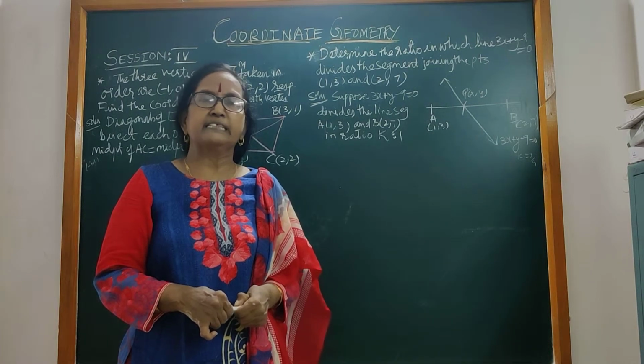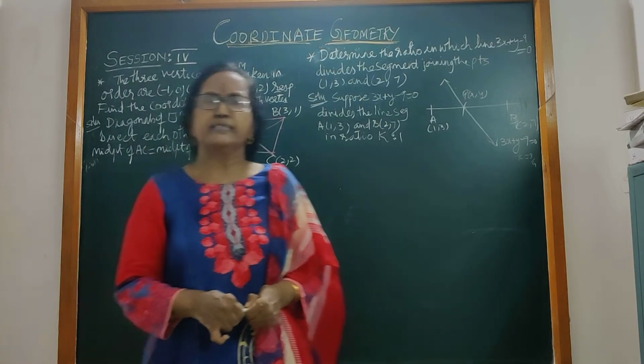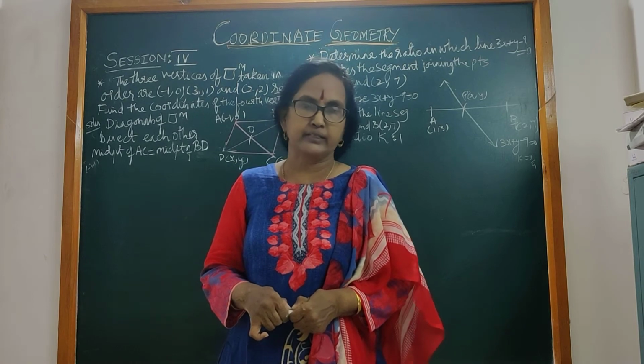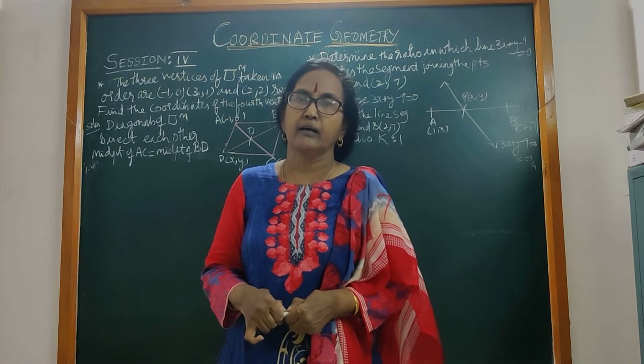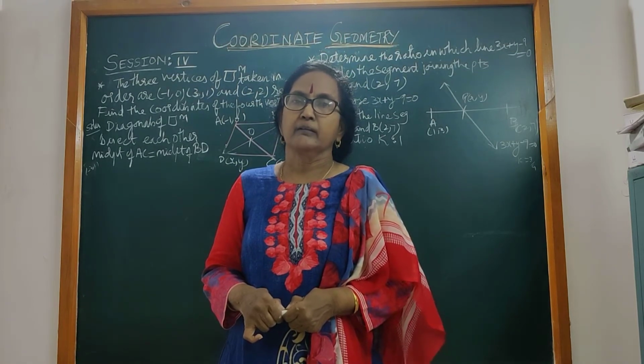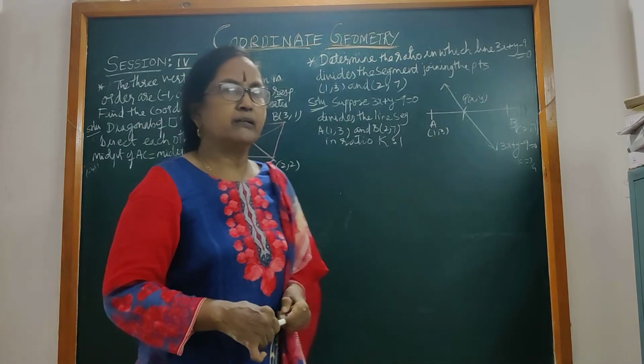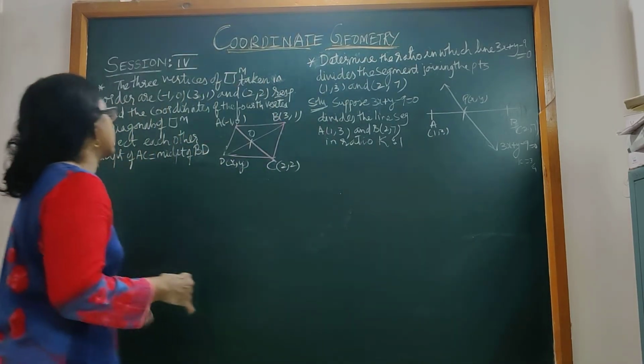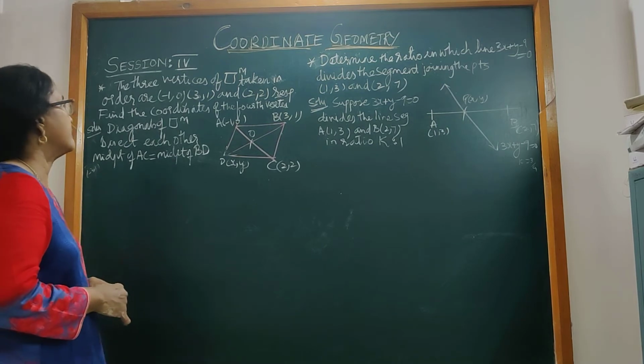Now, we will see in the fourth session more applications of these formulas, the distance formula and the section formula, in various questions. Now, I have taken one more problem sum.